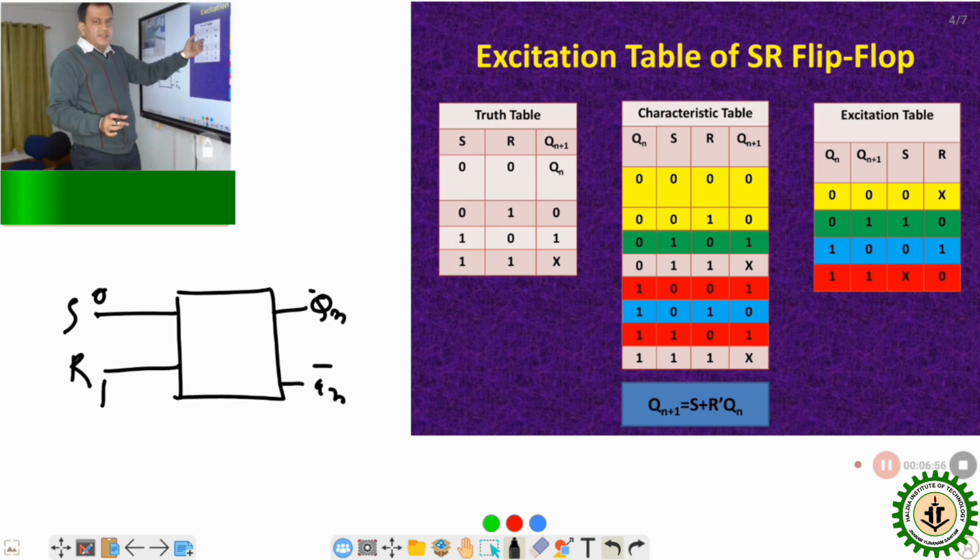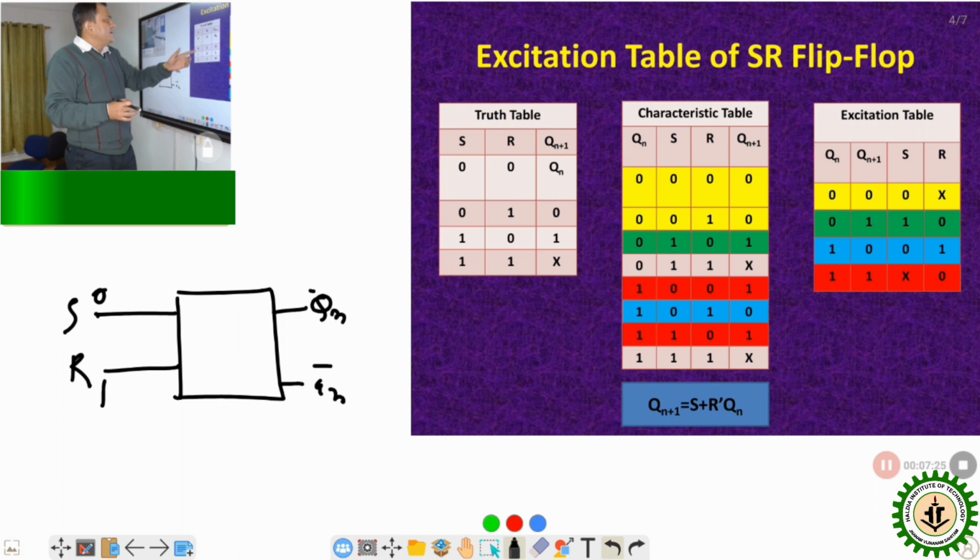That means Qn should be equal to Qn plus 1. Now the question is, what was Qn? So Qn could be either 0 or 1. So we have considered both the cases. For the 0 0 condition, we have considered both cases of the present state, that is 0 and 1. Like 0 0, for all these combinations, we have considered our previous conditions 0 and 1.